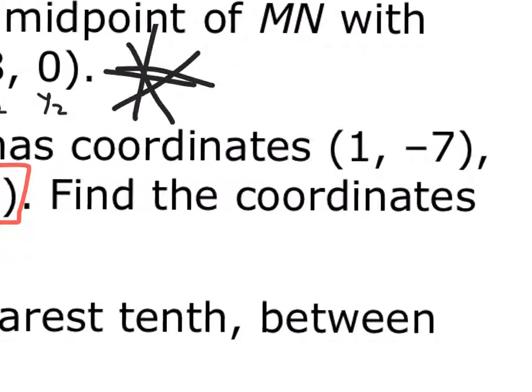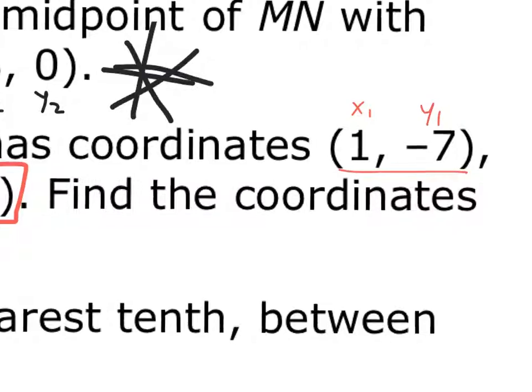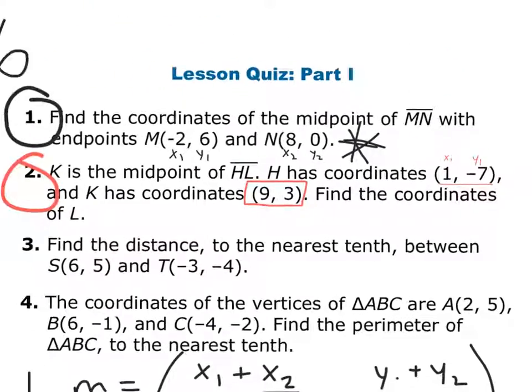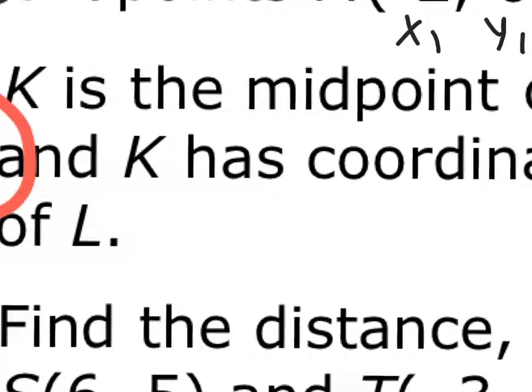So we can call 1 x1, and -7 would be y1, because this is our first point. The second endpoint we have is L, which is what we need to find. That's not given. So we can call L, since it's our second point, x2 and y2.